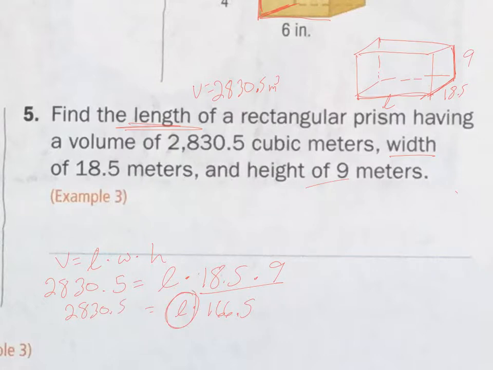I want to get just the length. So if I can get that alone, I'll be good. Right now, it's times 166.5. I have to do the opposite to get rid of it. Divide it by 166.5, but I have to do that to each side. This becomes 1, so it's just the length, equals 2830.5 divided by 166.5, and I get 17.